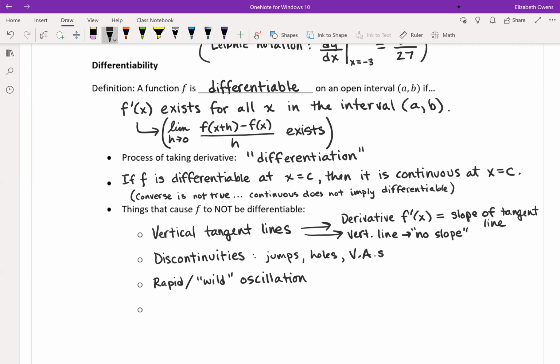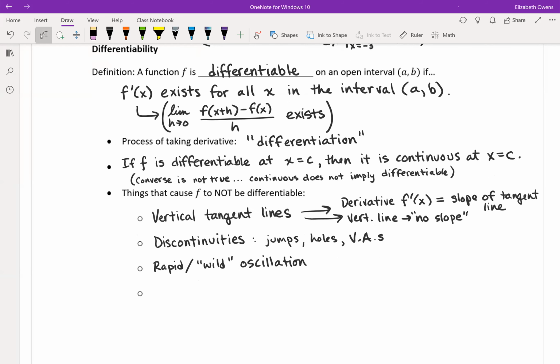Oscillations, and then the other one that you might not expect from the limit type of definition is sharp corners on your graph, or something called a cusp.